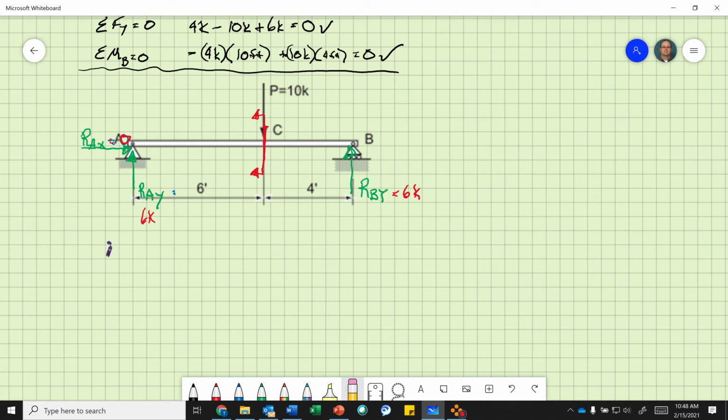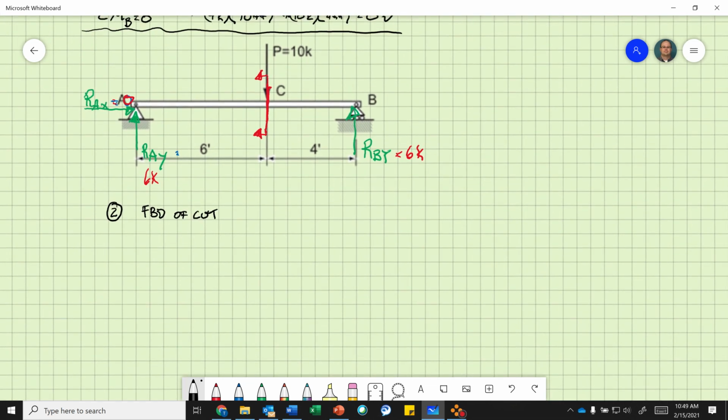Okay, let me erase this. Okay, we did step 1. Solve the reactions before cutting. Okay. So this is, okay, I'm going to call this step 2. All right. FBD of cut.